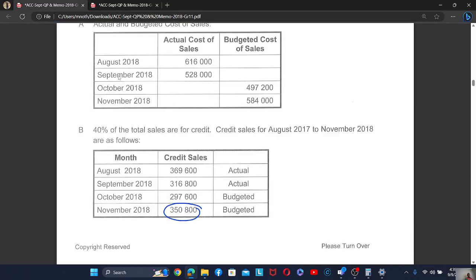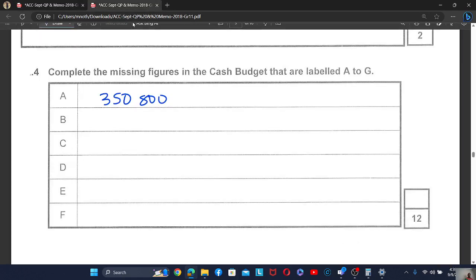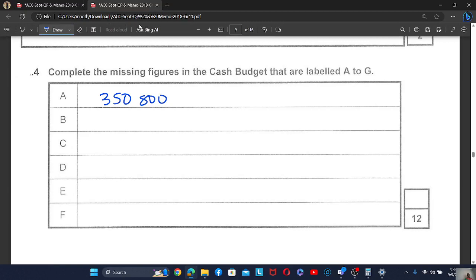What did they say? They said 40% of the total sales are for credit, meaning that the 60% is for cash. Below we put what we have, which is 40%, and 60 goes on top. Then therefore how much is your cash sales?